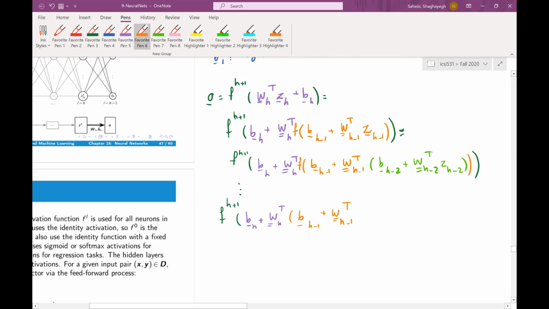Sorry about that. So we do have an activation function for each of these. So there is an F_H here, and there is an F_{H-1} here, right? Okay, so multiplied by F_{H-1}, etc., etc. And then finally, we get to the first layer. So it's F, the activation function for the first layer, of B_0 plus W_0 transpose X, which is our input, right?